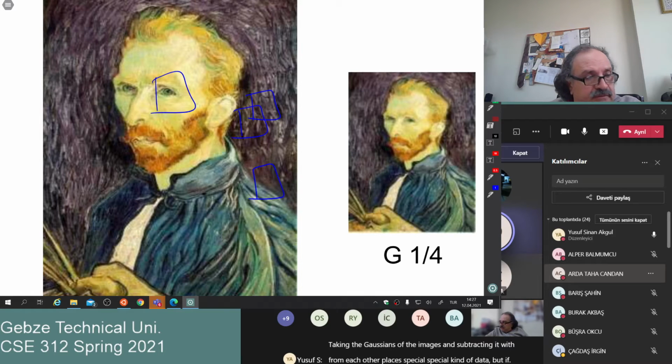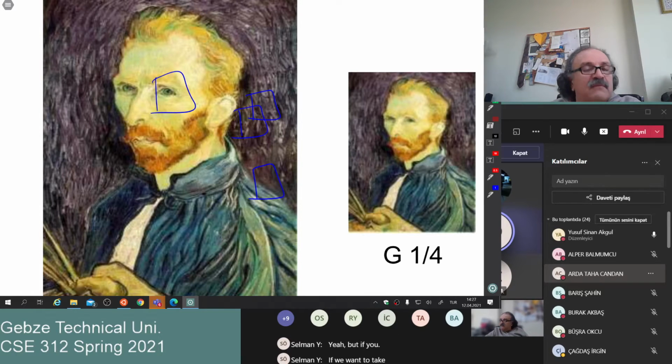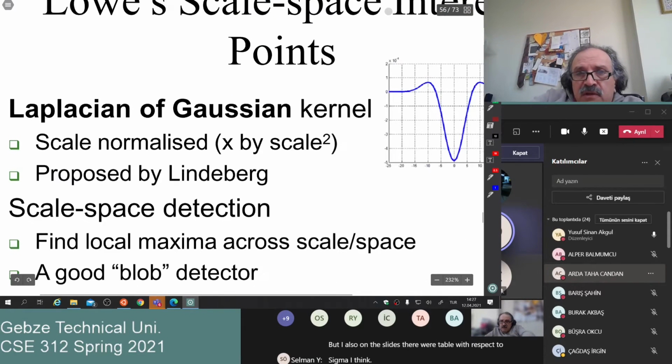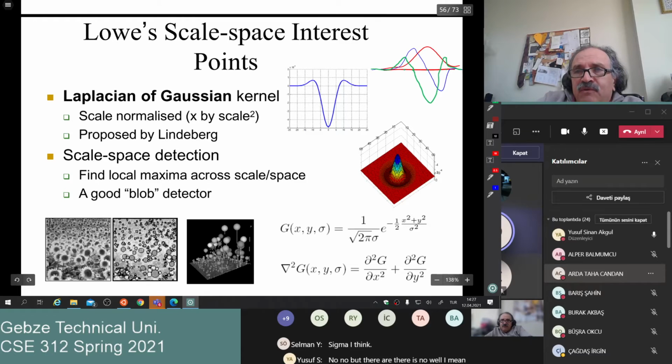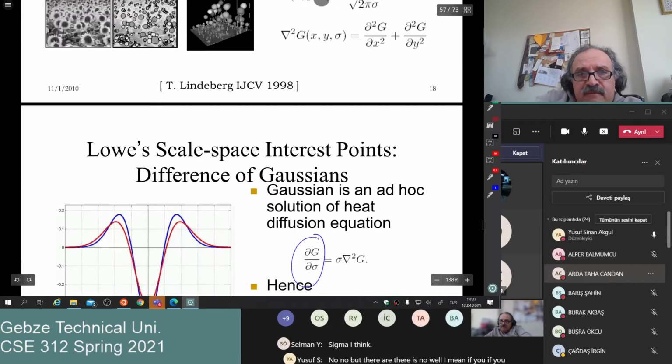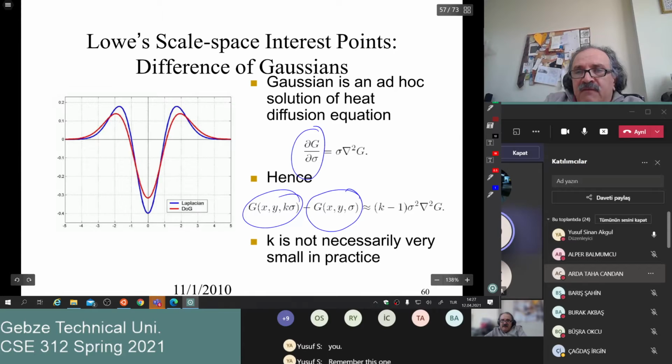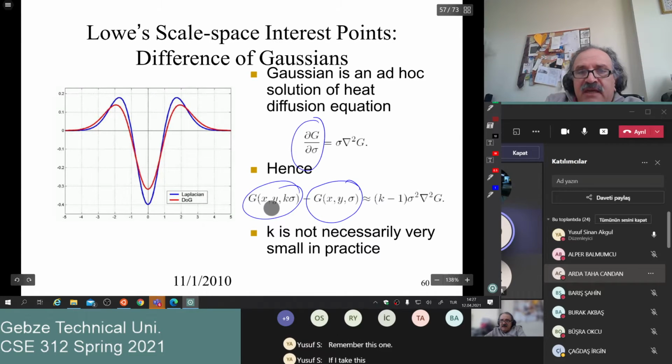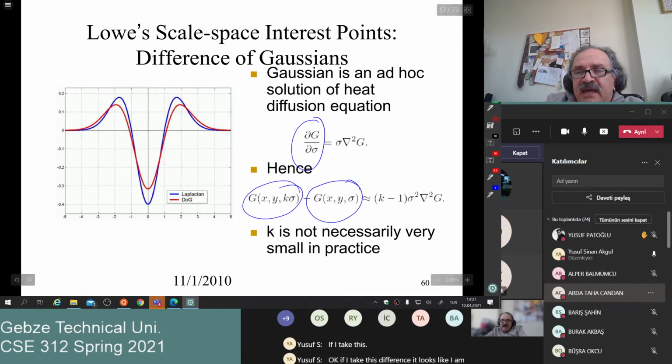If we wanted to take the Laplacian of Gaussian, do we take the derivative with respect to x, y? X and y, yes, that's true. But I saw on the slides the derivative with respect to sigma, I think. No. If you remember this one, if I take this difference, it looks like I am taking a derivative with respect to sigma.